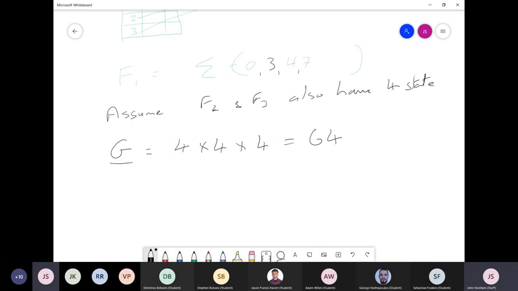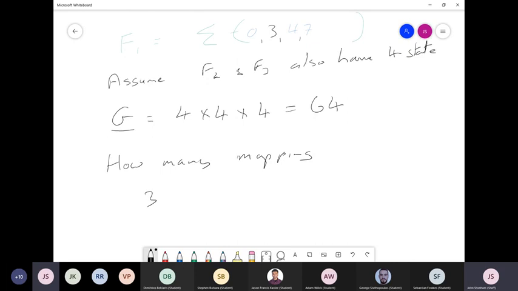Now, how many mappings? Well, for a 3 by 3 pixels, we have 9 pixels. The choices we have for the first sample is 9. It could be this pixel, 1, 2, 3, 4, 5, 6, 7.